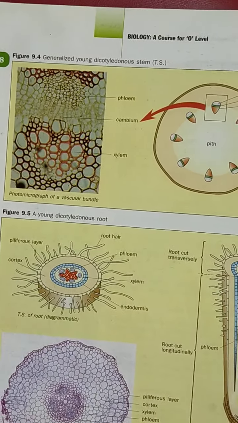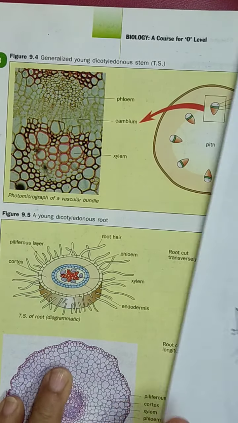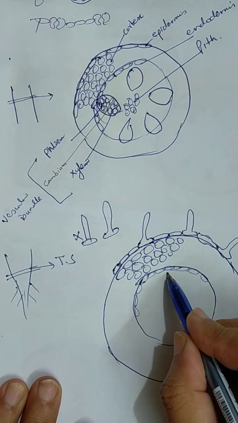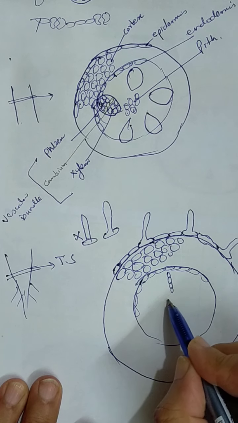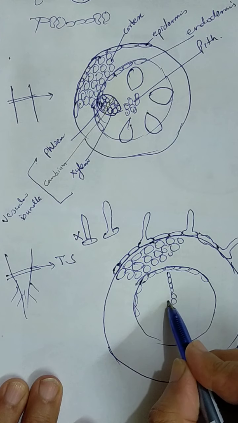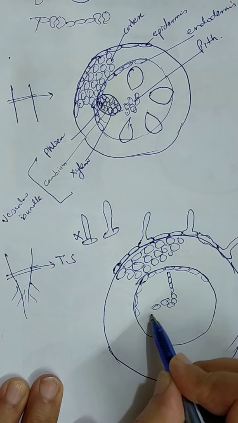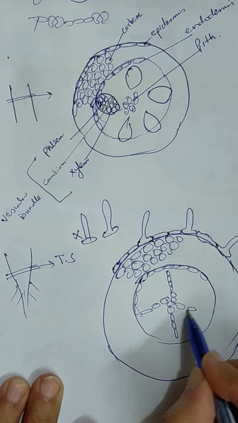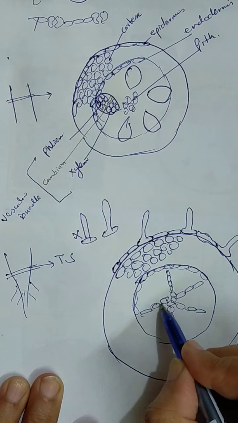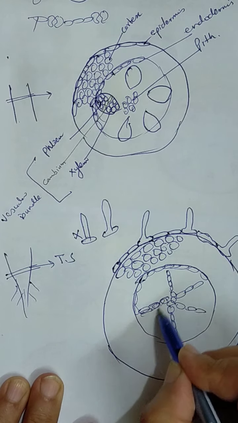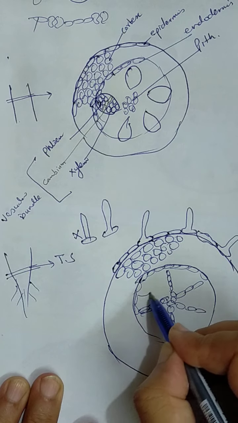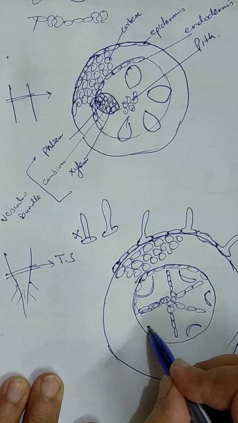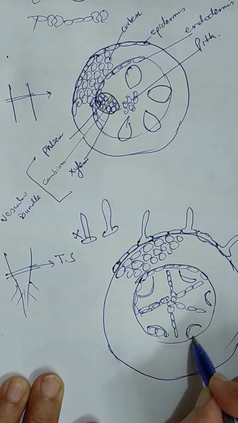Here you can see star-shaped xylem is present like this, or you can see 5 arms of xylem are present, and between these arms of xylem the phloem is located.